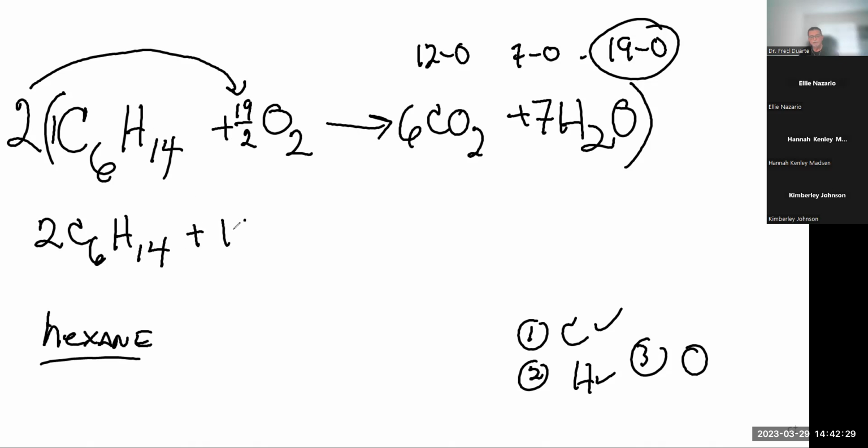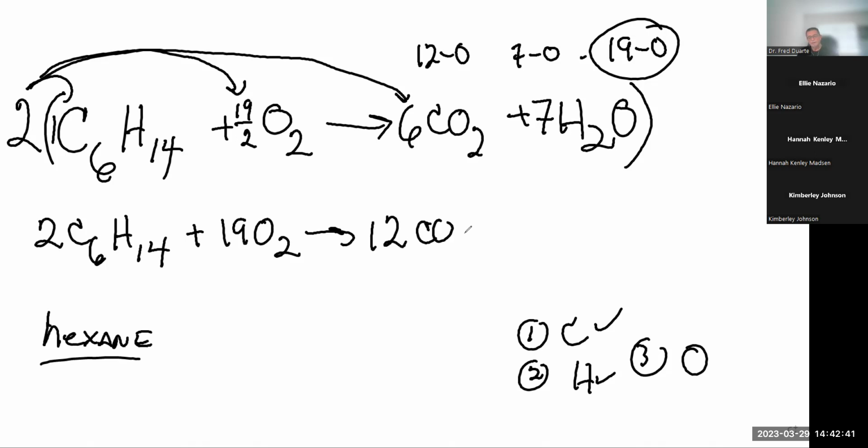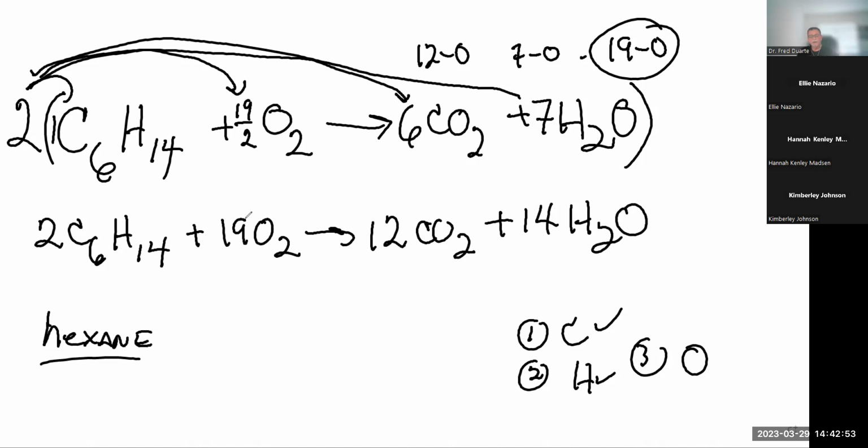We end up with 19 oxygens, okay? And then 2 times 6 says we have 12 carbon dioxides. And then finally, 2 times 7 ends up with 14 waters. Okay.